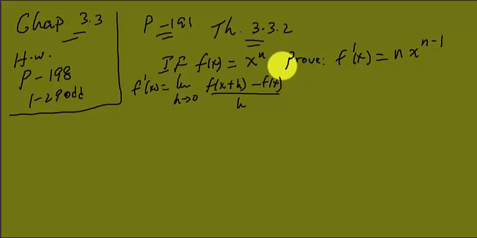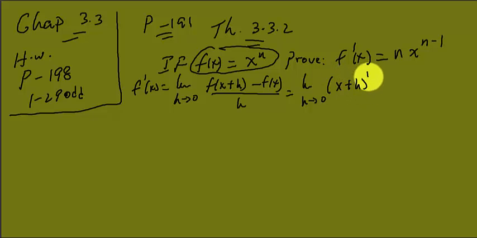So this is the function we're working with. This is now the same thing as the limit as h goes to 0 of x plus h to the nth minus x to the n, all that over h. I have to expand this using the binomial theorem.